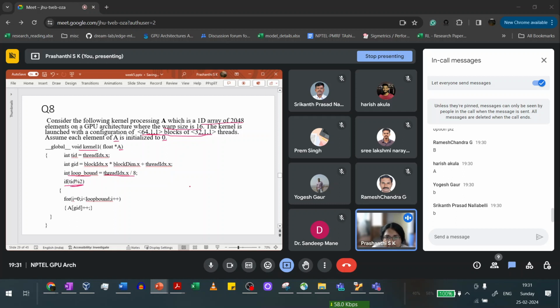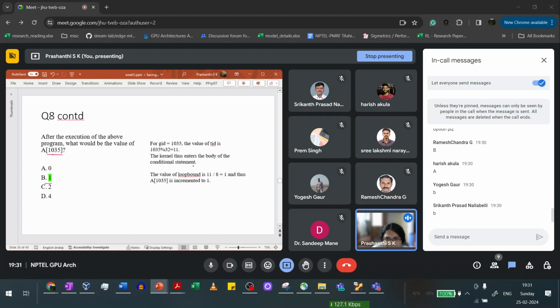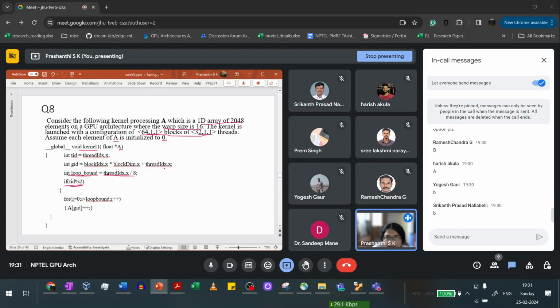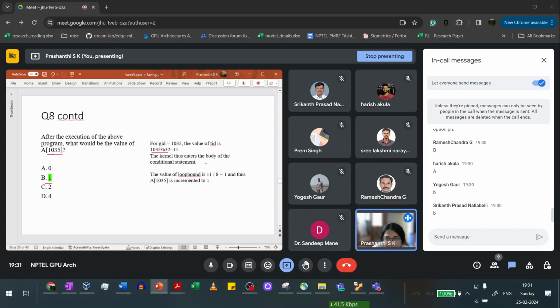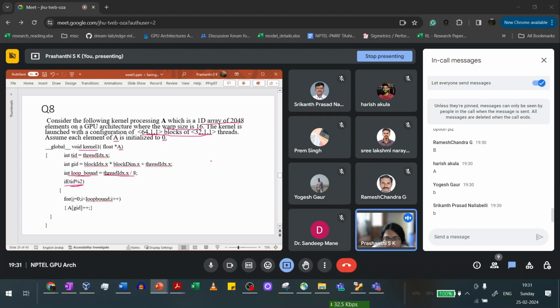Since you have 32 threads per thread block, this comes out to be 1035 mod 32, which is 11, right? Now for this 11 you enter the for loop, and you're going to do this as many times as the loop bound. So what is the value of loop bound? Thread ID x dot x divided by 8, which is 11 by 8, and that comes out to be 1.